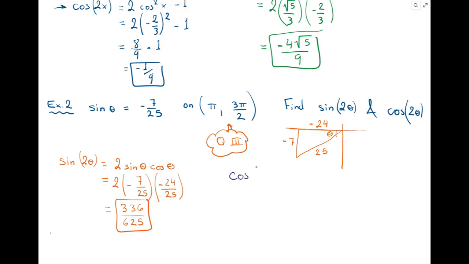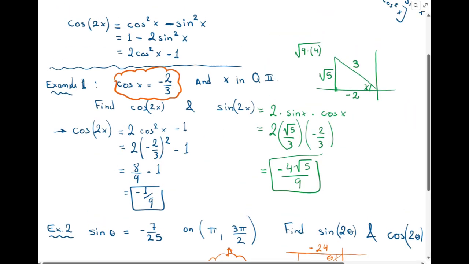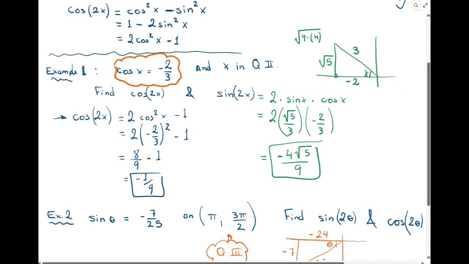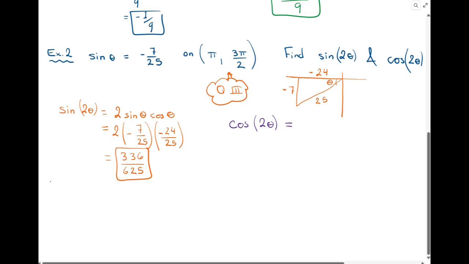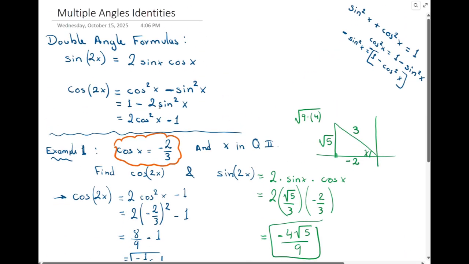Okay. Now we still need the cosine of theta, so let me change color. Cosine of 2 theta is equal to... Now let's remember what the cosine of 2 theta says. Now I could use any of those formulas I want, right? Really. And I'm just going to use 1 minus 2 sine squared. Earlier in example 1, we used 2 cosine squared x minus 1. Here I am given the sine function, so I'm going to go with the formula that uses the sine function.